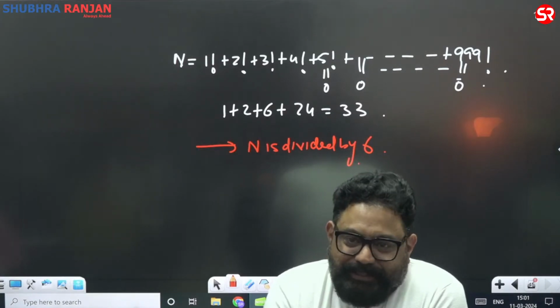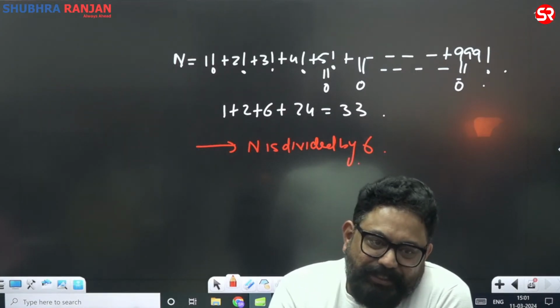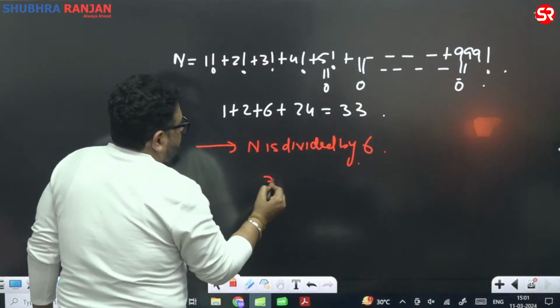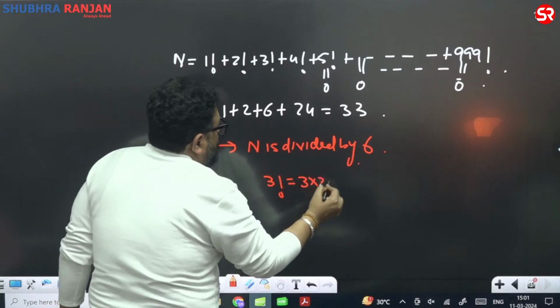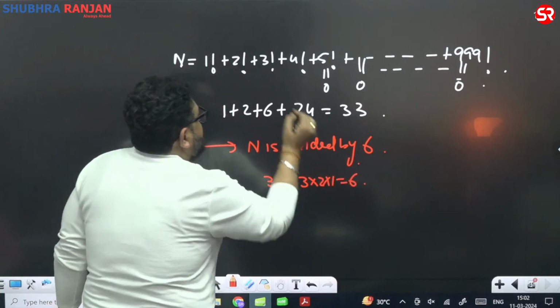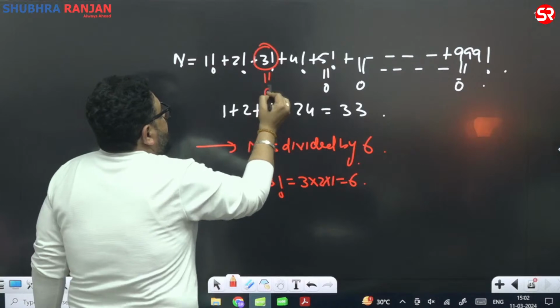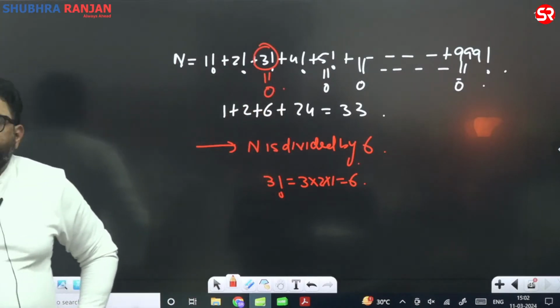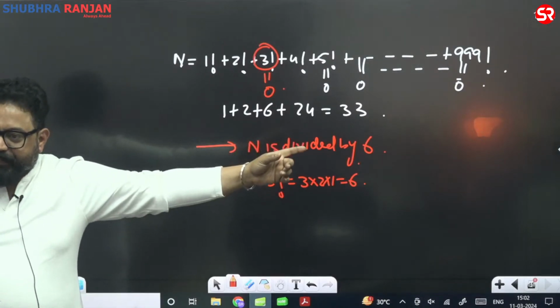Because what is 6? 6 immediately comes from 3 into 2 into 1. So you realize, this 3 factorial is what? 3 into 2 into 1, right? Which is equal to 6. So 3 factorial is a multiple of 6. Remainder 0. And 4 factorial also has 4 into 3 into 2 into 1. So you don't need to go till 6 factorial.